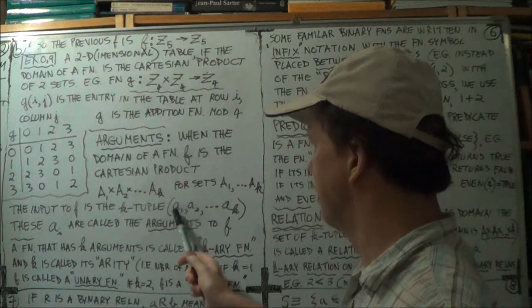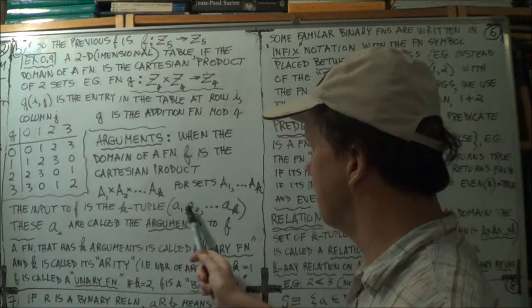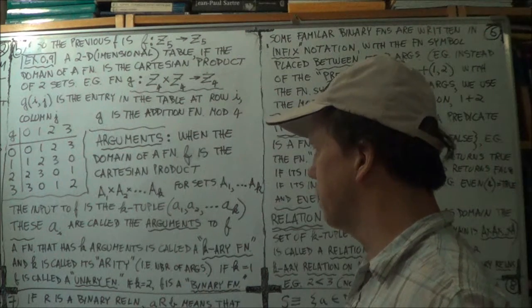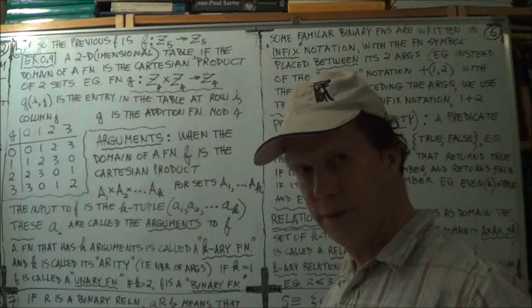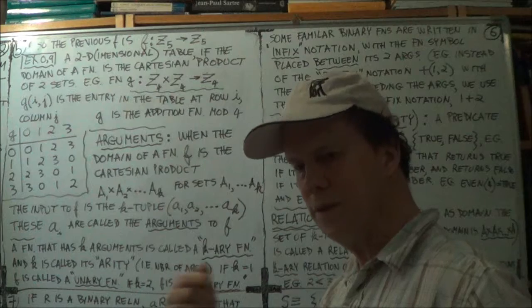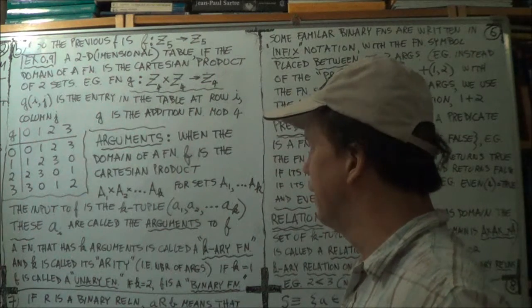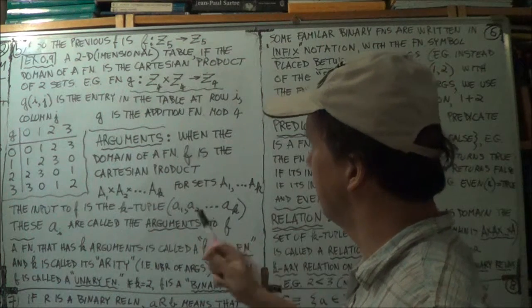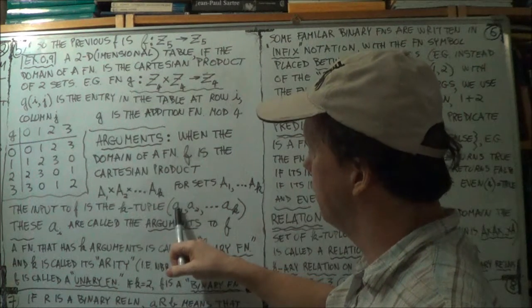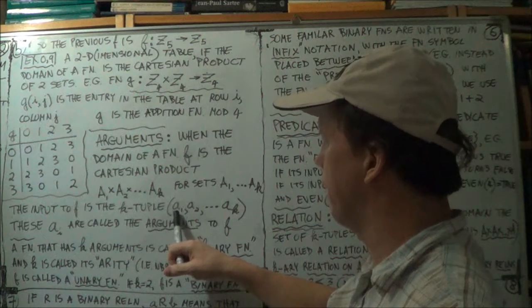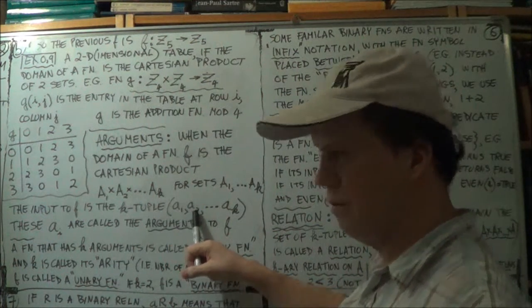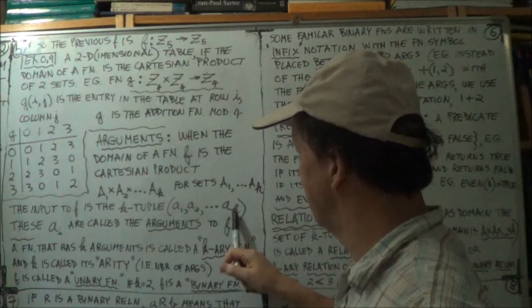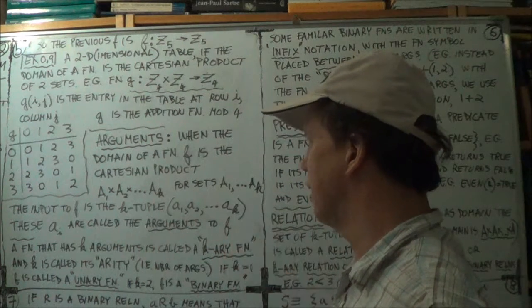These a's here, the values, are called the arguments of f. The input values that you have, and you'll have k different kinds. There's a particular value for the first input, a particular value for the second input, and so on, and a particular value for the kth input.